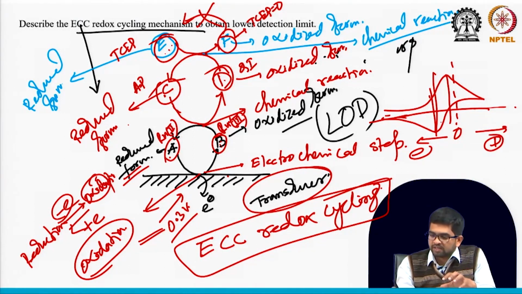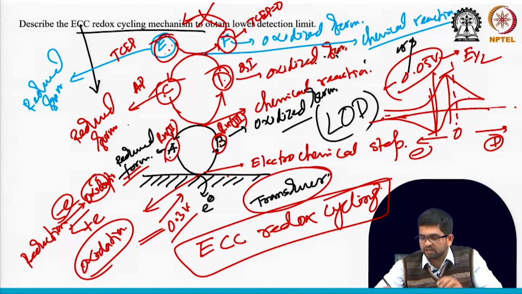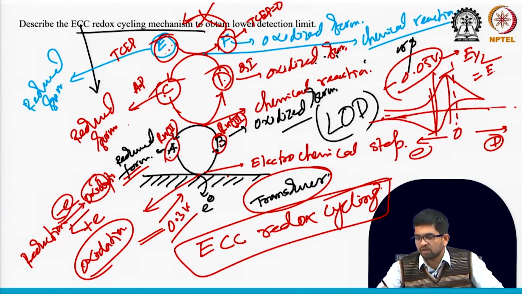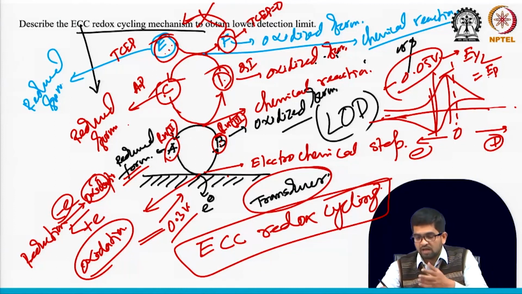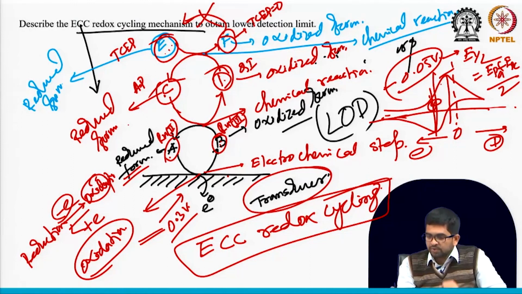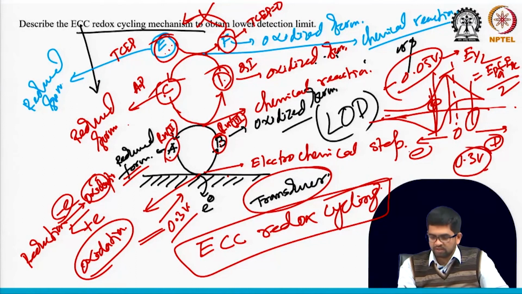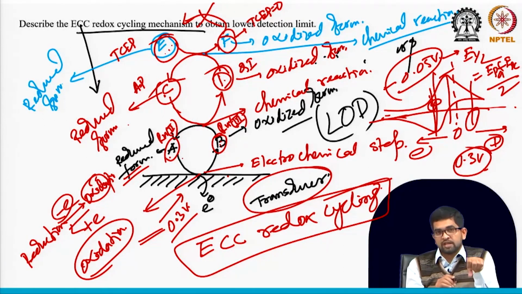So mainly we are getting the oxidation potential and reduction potential very close to 0, around minus 0.05 volt. This is the E half value, right? You can remember E half equals the anodic peak potential plus the cathodic peak potential divided by 2, which is close to 0. And if you apply around 0.3 volt here, then naturally oxidation will happen on the electrode surface.